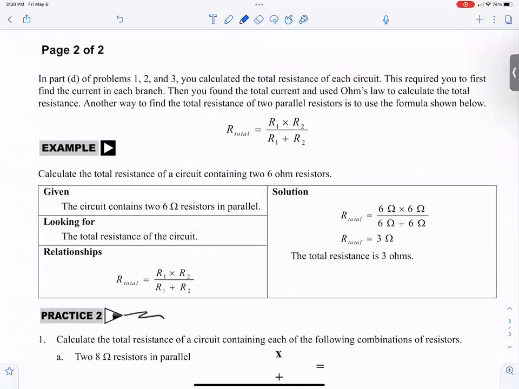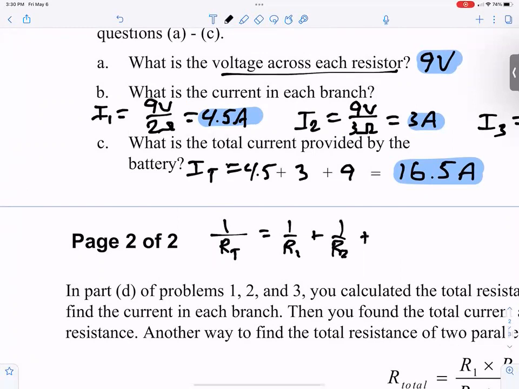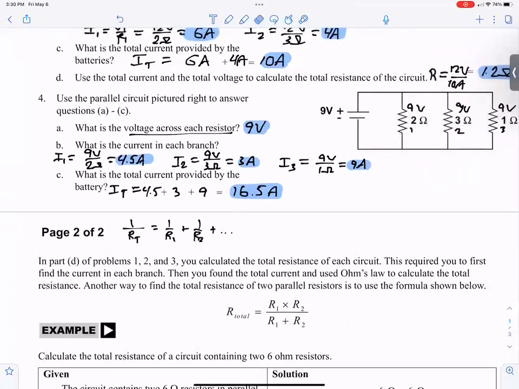Now, in this exercise, we are going to practice combining resistors. In class, we took some time to show you how this equation is formed: 1 over R total equals 1 over R1 plus 1 over R2. This equation actually continues for however many resistors you have in parallel. But let's say you just focused on strictly 2 resistors in parallel.